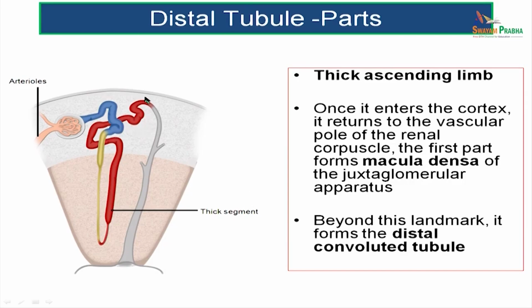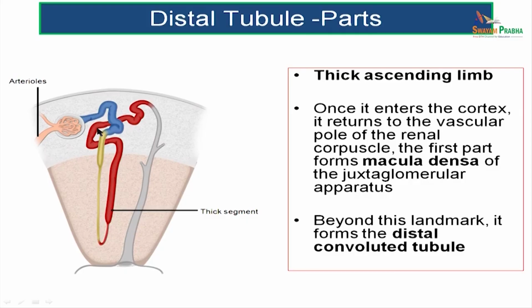Now, we will come to the distal tubule. We have talked about the distal tubule having two parts. One is the thick ascending limb of loop of Henle, which is the pars recta of distal tubule, which is going to ascend from the medulla and reach the cortex.